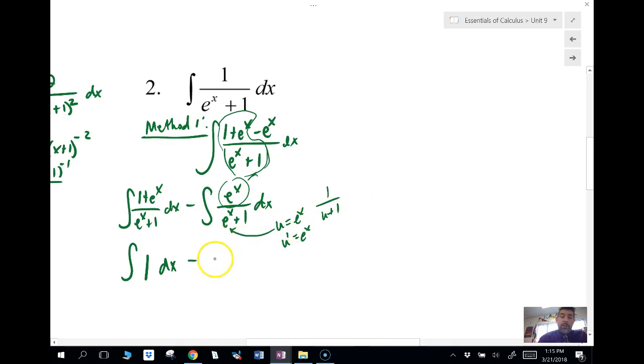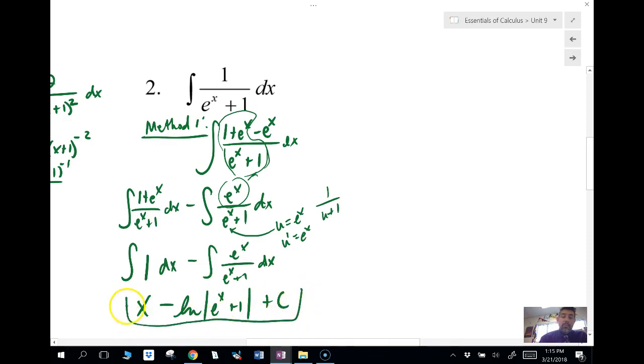So I'm going to end up with x minus natural log of e to the x plus 1 plus c. All right, so that's one way of doing it, by adding and subtracting e to the x from the top.